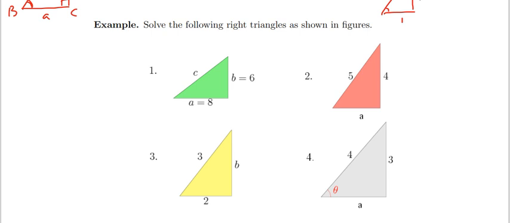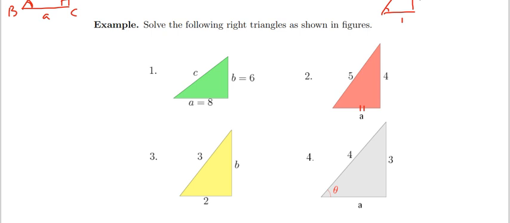We can easily find this, right? Okay. For problem 2, this side A we don't know, but we know this side is 4, this side is 5. How can we find this side A?